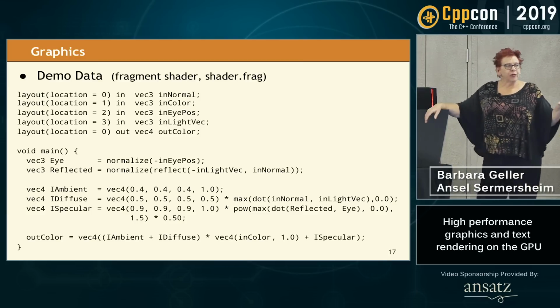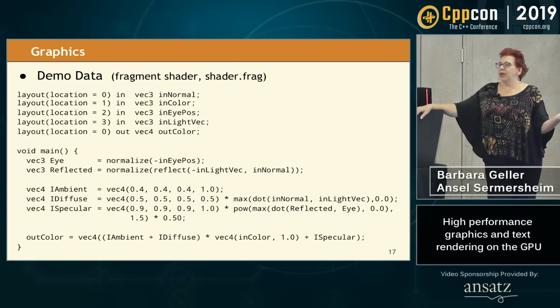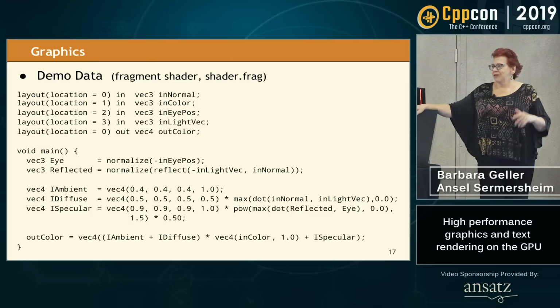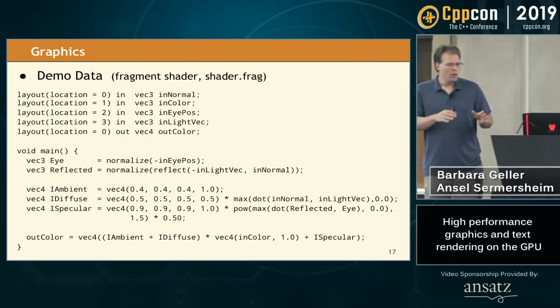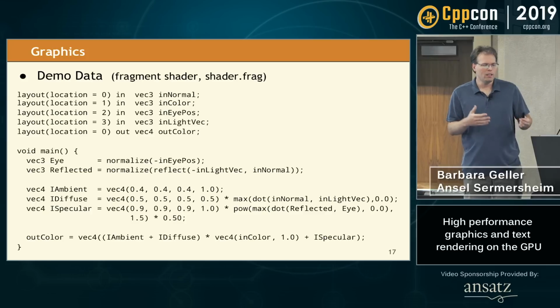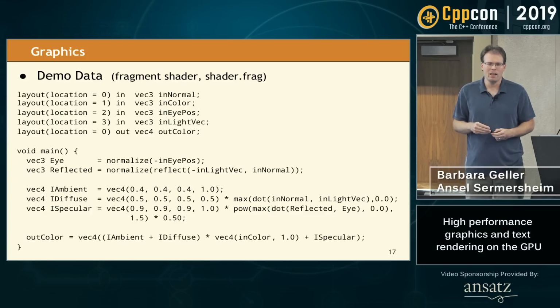This is the exact fragment shader we used for the table and the pot. It is not the fragment shader for the text, and we'll show you why later. But the point of this, even if you've never seen a shader before, is hopefully to come away with the idea that it's not scary, it's not complicated, it's a slightly different language, but it's not a ton of code. So when you hear, oh, I've got to write a shader, well, it's quite straightforward in many cases.